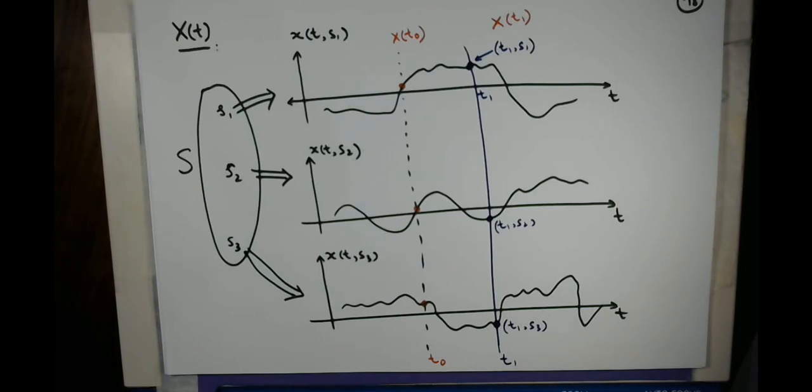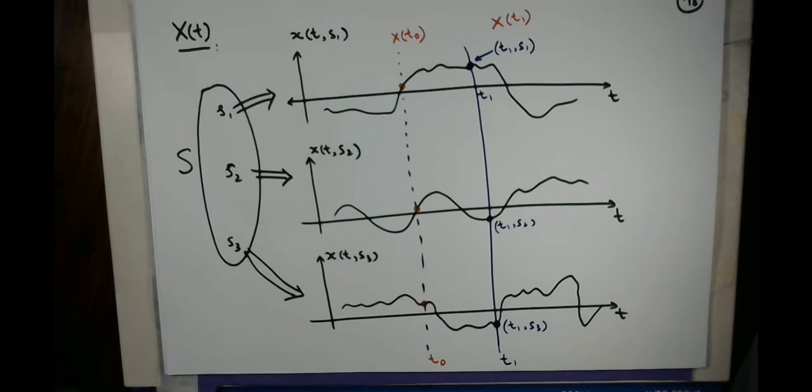Now we move on to two more concepts. First is the ensemble average, and the other is the time average, and then I'll give you some interesting comments on these.